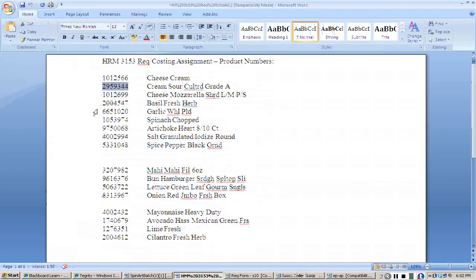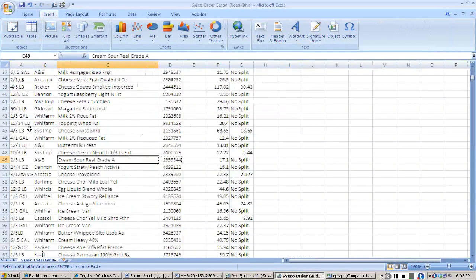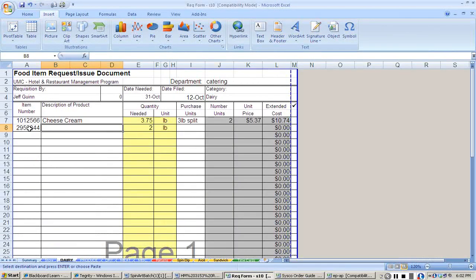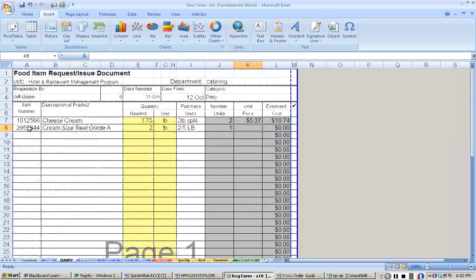I'm going to copy, go into my rec form and paste. I need 2 pounds. It comes as a 2/5 pound. So I'm going to buy one of those, and the price for one of those is $17.10.